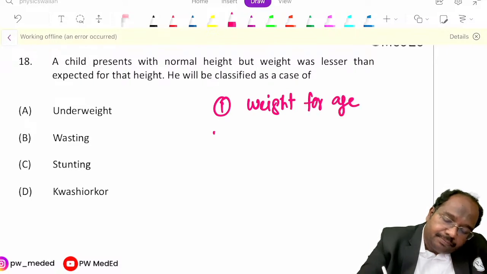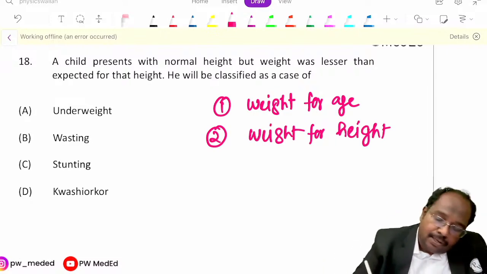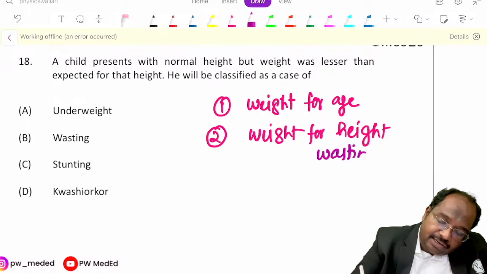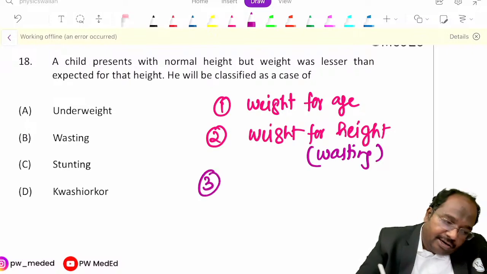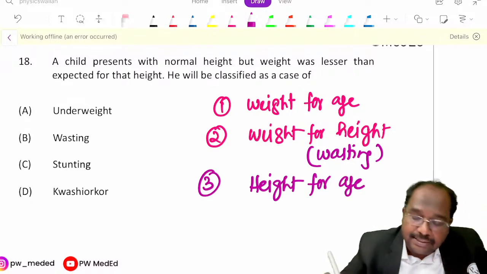Second, weight for height. Height is good, but weight is less, so we call it wasting. And third is height for age.